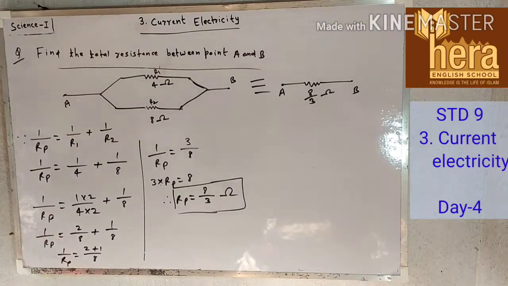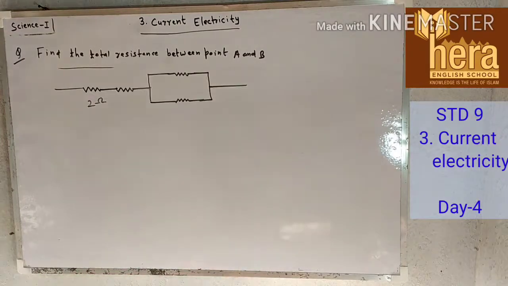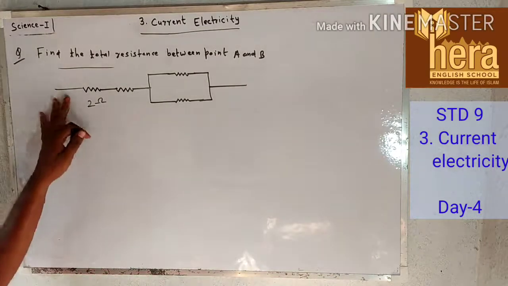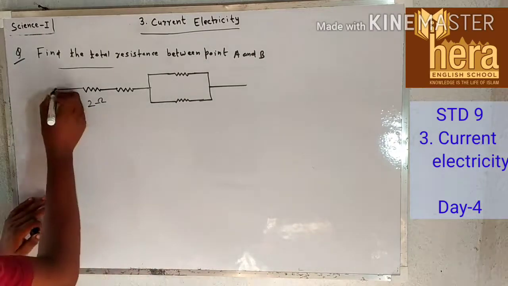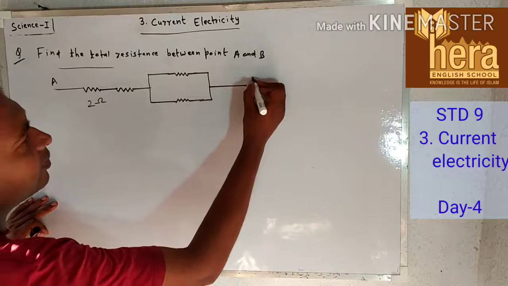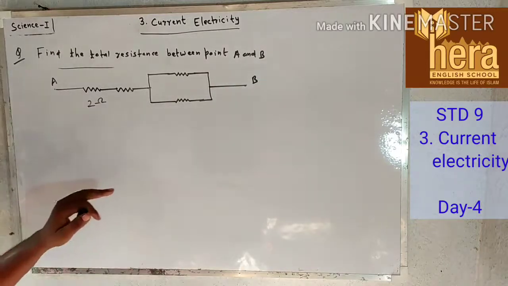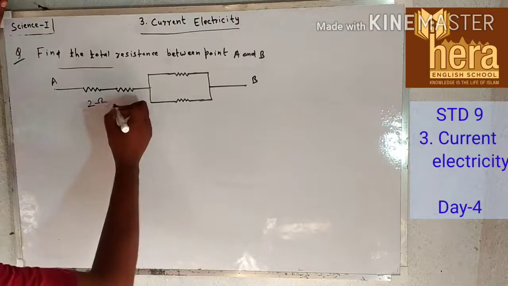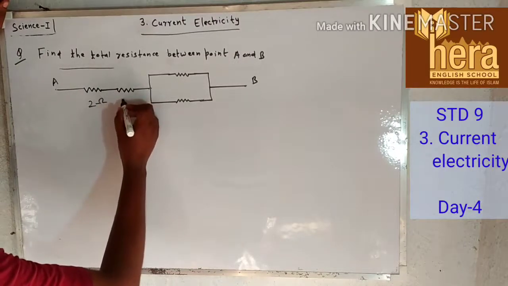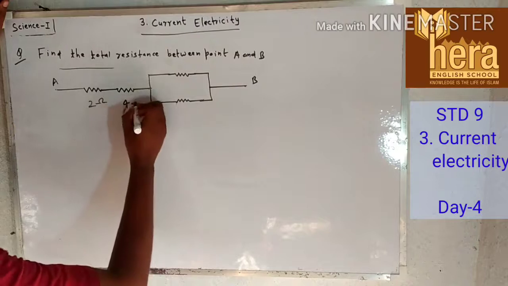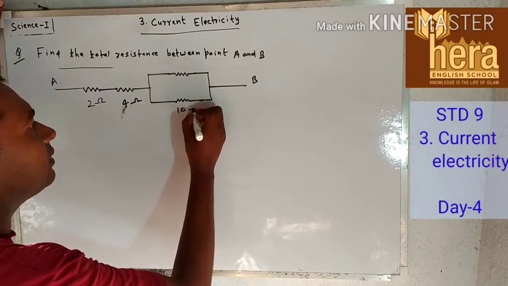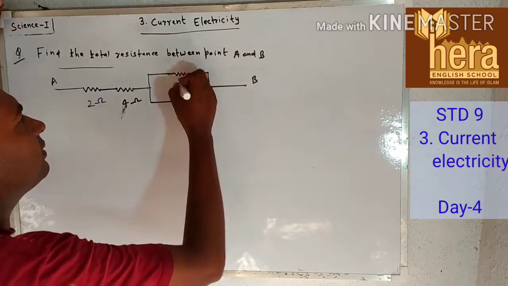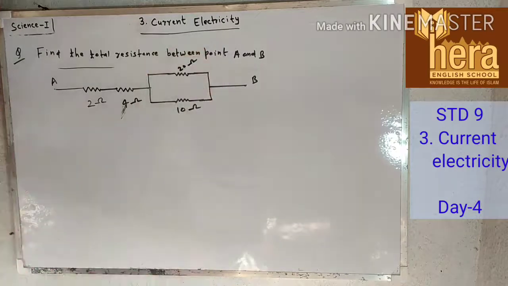I will take one more example. We have to find the total resistance between point A and B. Say this is point A and here is point B. This is 2 ohm, say this is 4 ohm, say this is 10 ohm and this is 20 ohm.